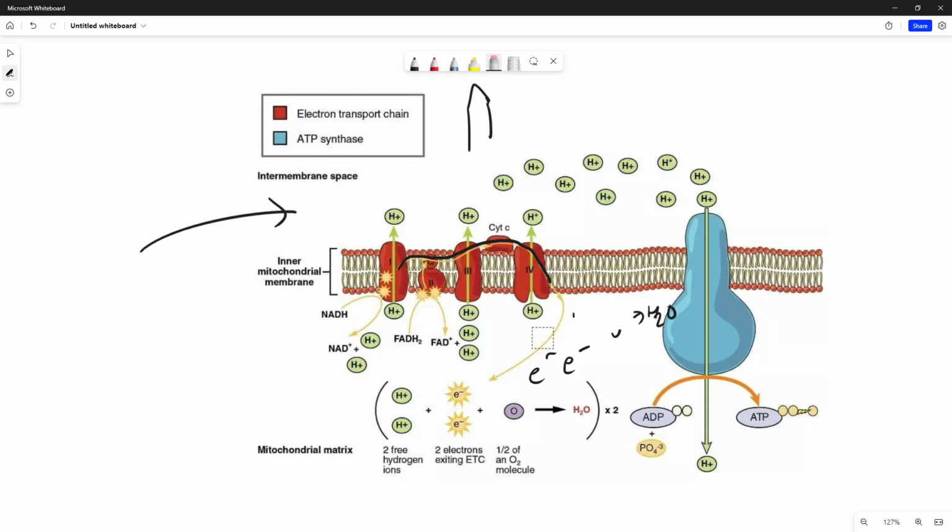And this is important because if oxygen wasn't here to accept these electrons, the electron transport chain would never take place, because then these electrons would be out of place.